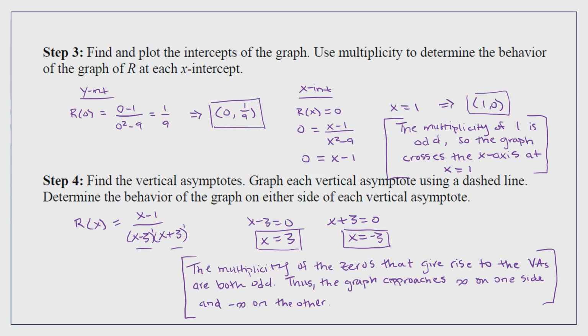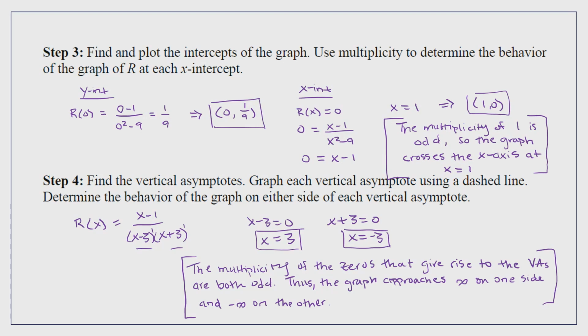Okay, so for step 3, we found our y-intercept and our x-intercepts, noting that the y-intercept is 1/9. And then we found our x-intercepts, which are the real zeros of the numerator.